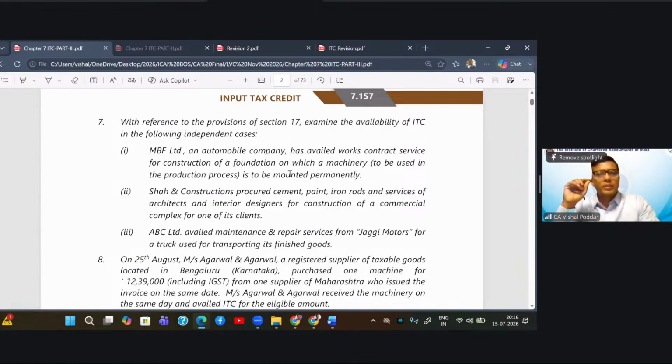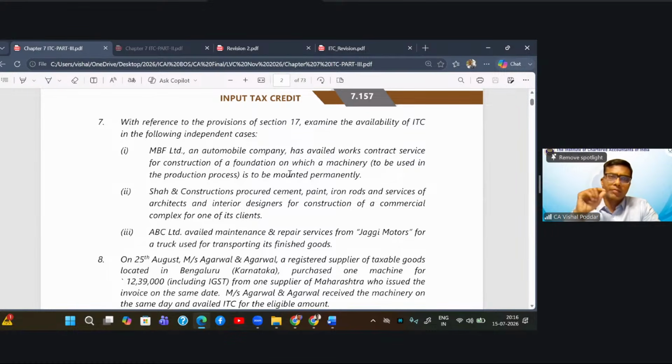Now again, section 16 satisfied, no challenge. The only challenge is section 17(5)(c) and (d), where you are incurring expenses for construction leading to immovable property. Now here the question comes whether works contract service which is used in construction of a foundation, which is obviously an immovable property, is eligible for ITC.